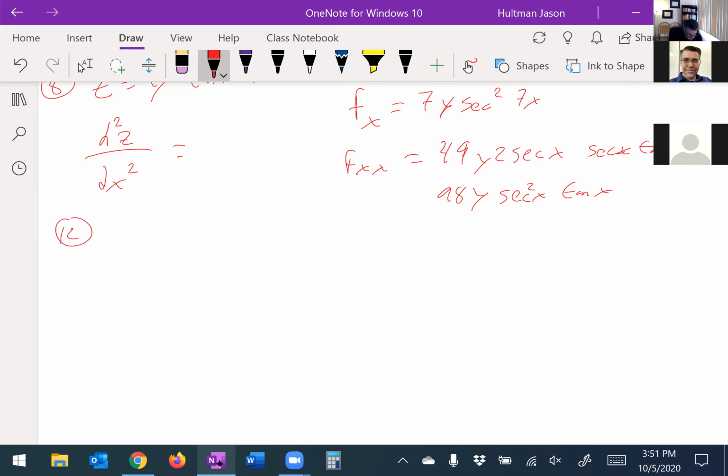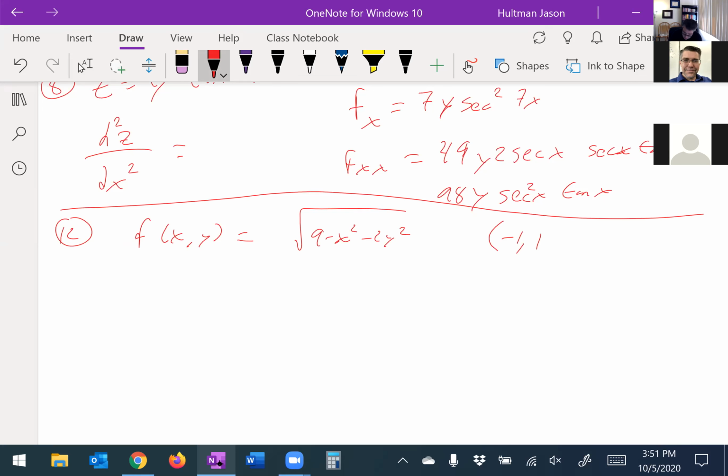Okay, so we have f of x, y is equal to the square root of 9 minus x squared minus 2y squared. And we want to know what's the linearization at -1, 1. So what's the linearization formula? Well, it's this guy here.